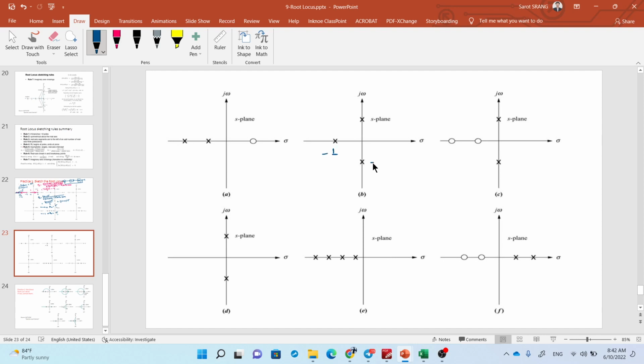Let's say this is minus j, and here is j, right? So the transfer function should look like this: 1 over (s plus 1) and then (s squared plus 1), right? This is the open loop transfer function.